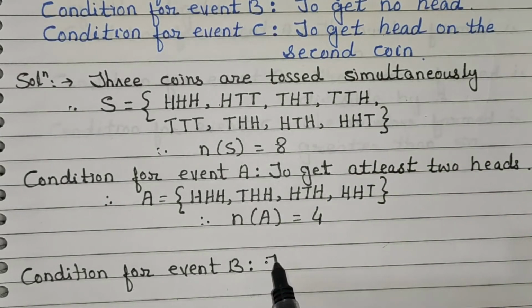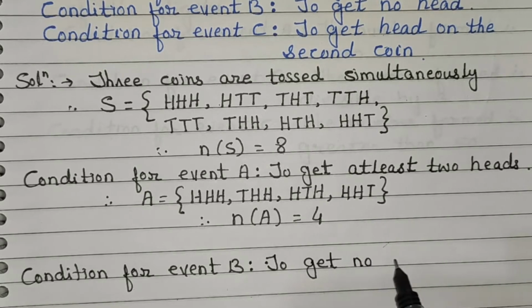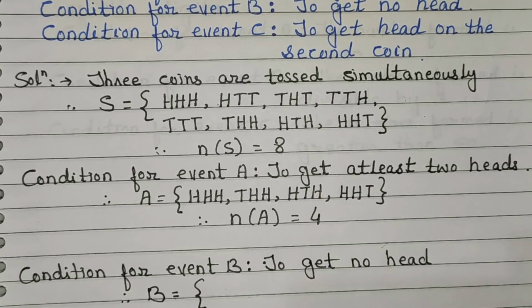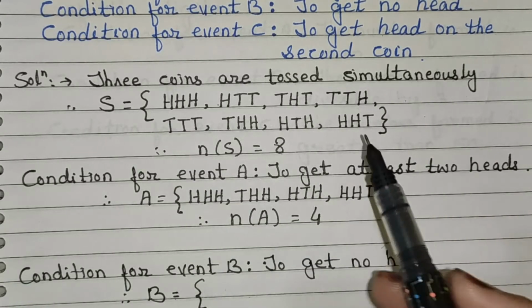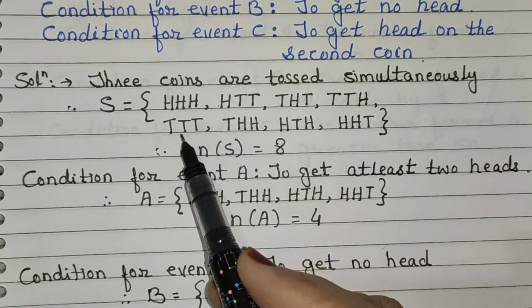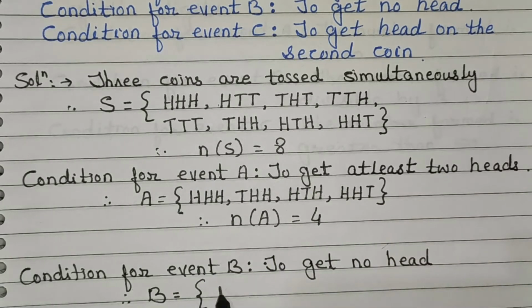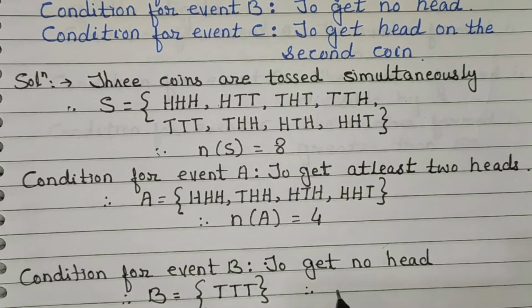Write down here: to get no head. Therefore, B is equal to, now look at the sample space, no heads means T, T, T. Therefore, we get only here T, T, T. Therefore, n of B is equal to 1.